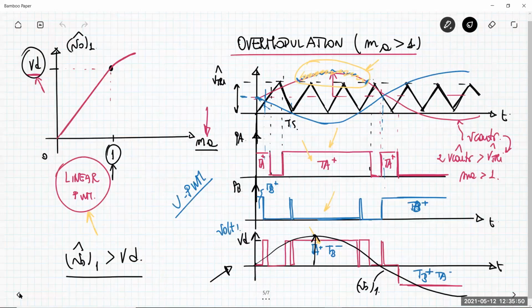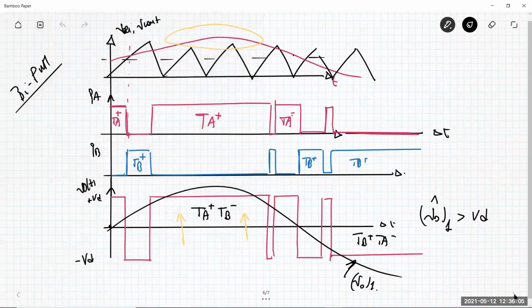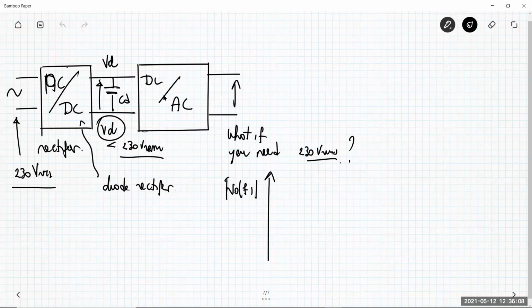why we are interested in having a peak value of the fundamental component of the output voltage higher than the input voltage VD. So, a possible application: my inverter has an input obtained by rectifying an AC waveform with a rectifier.